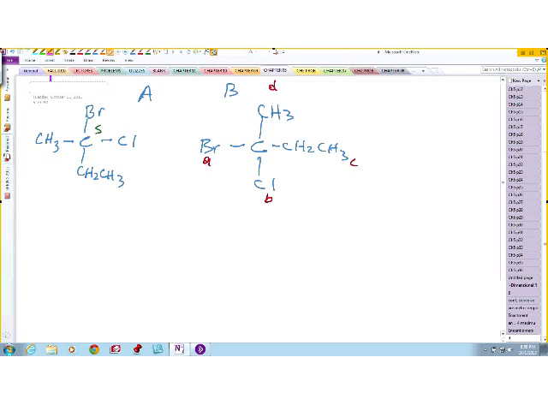We make our motion from A to B to C, ignore group D. A to B to C, ignore group D. What is that motion? Okay, motion is clockwise, which is S.